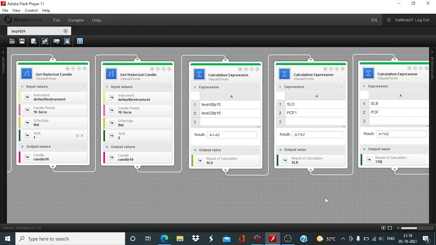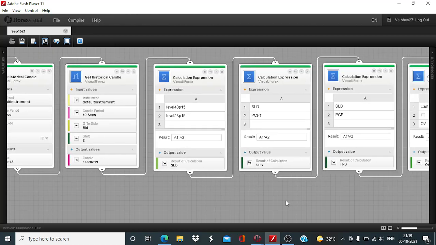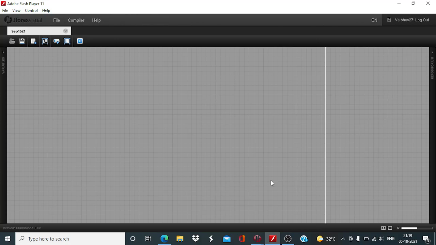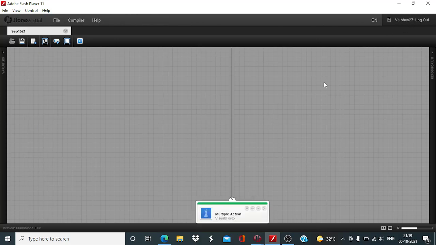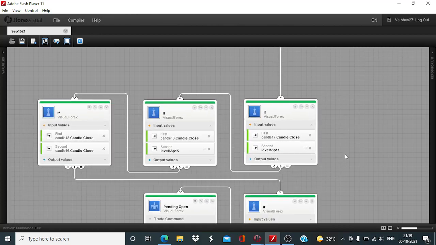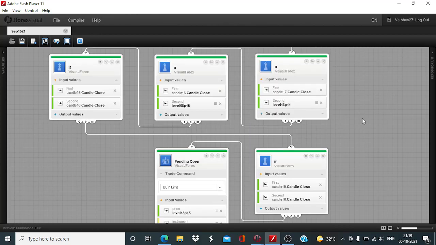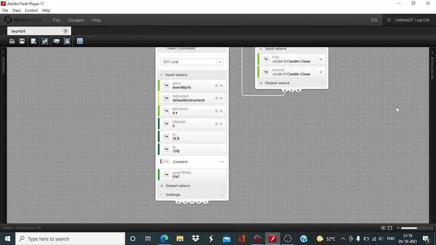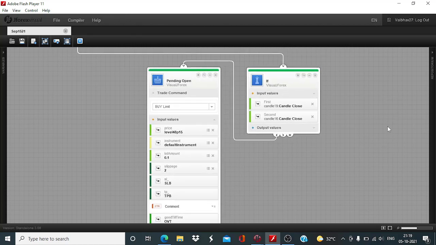And to look for the opportune time for the optimum entry and exit, we are relying on some calculations. So these were carried out using these calculation expression blocks. And on the lower side, we have this formation. The conditions have been defined for the execution of the buy trade. Now, for this session, the focus is mainly going to be on the sell side.